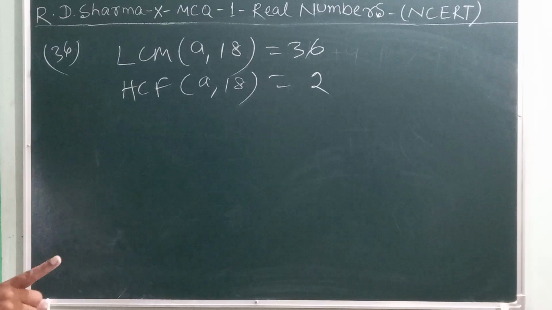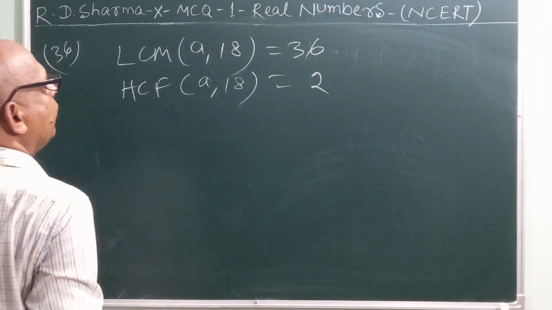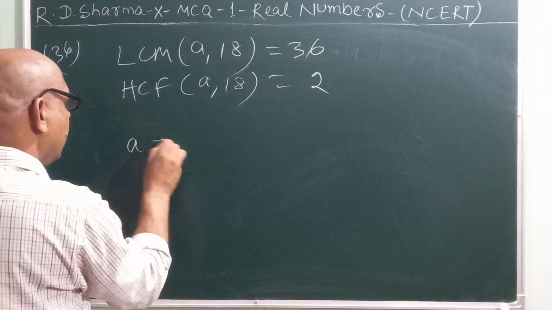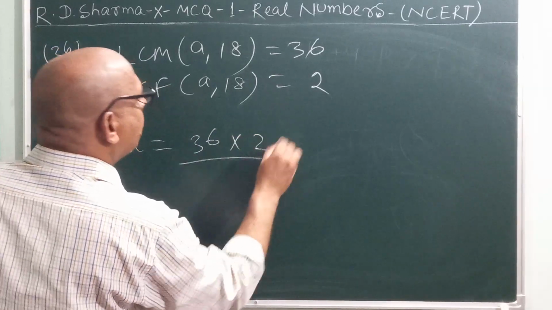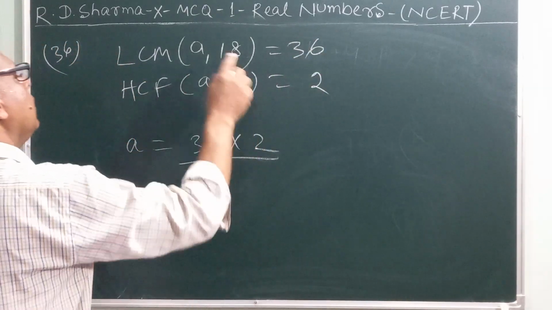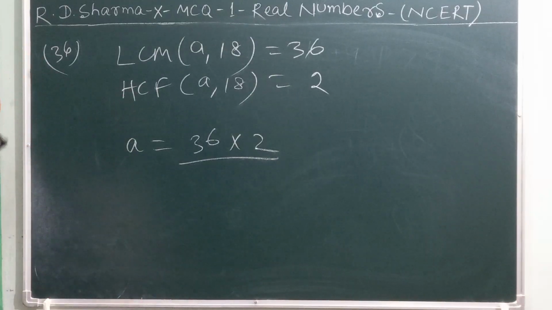LCM times HCF equals the product of the two numbers. So A equals 36 into 2, that is LCM into HCF, divided by 18. Clear? Okay.